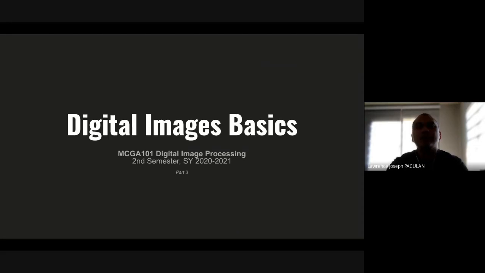In part 3, since we already know how to go from a particular index to a particular coordinate of the image, what we want to do is extract the red, the green, and the blue values. Okay, so let's go to part 3.